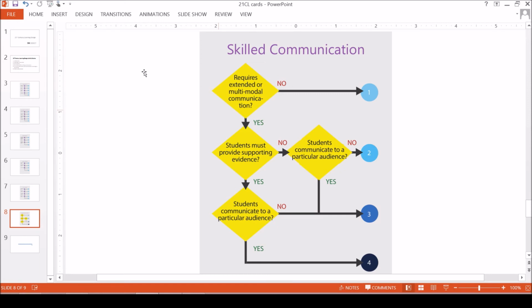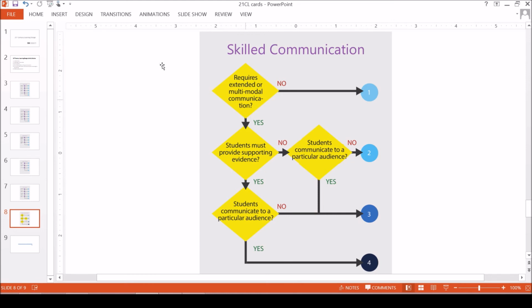Multimodal refers to whether or not the communication exists in more than one form. So instead of text on a page, is it text plus some kind of image? Is it audio plus a visual element? Is it video? Does it exist in more than one mode of communication? If the answer is no, again, we're going to pop over here to a 1. If it's yes, though, we'll move down in here.